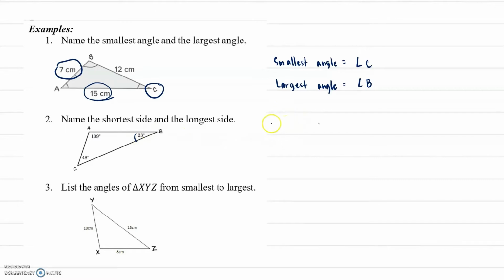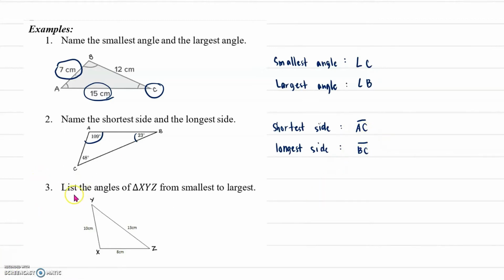So our shortest side, again, is the side opposite the smallest angle, so that is side AC. And our longest side is the side opposite the largest angle, which is angle A, so that is side BC.